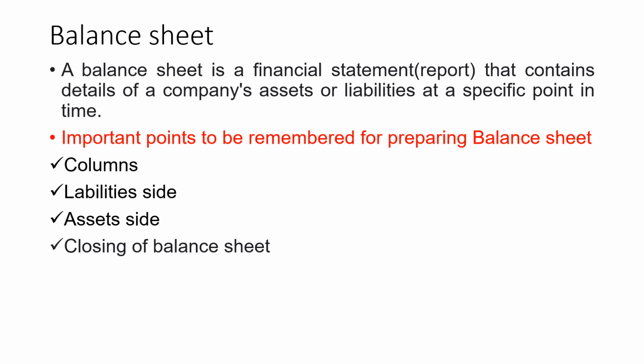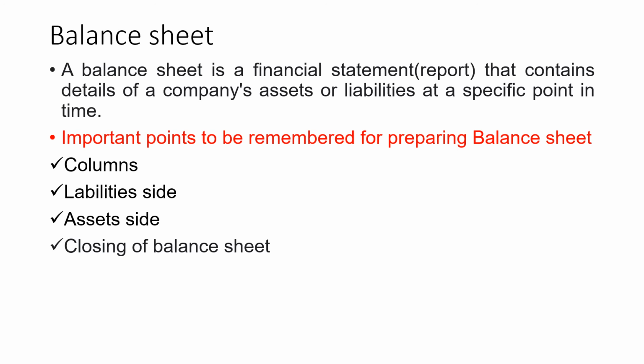Liabilities include three headings: capital, fixed liabilities, and current liabilities. Assets include two types: fixed assets and current assets. Sometimes we also take intangible assets in addition to fixed assets and current assets.